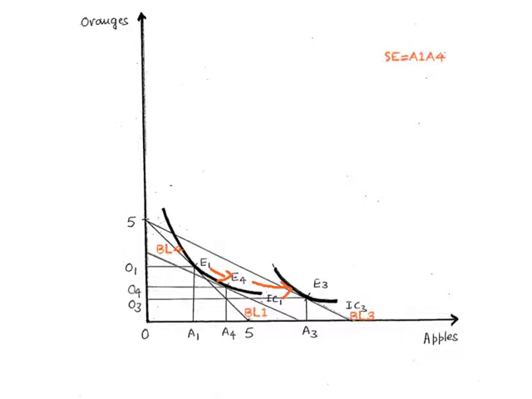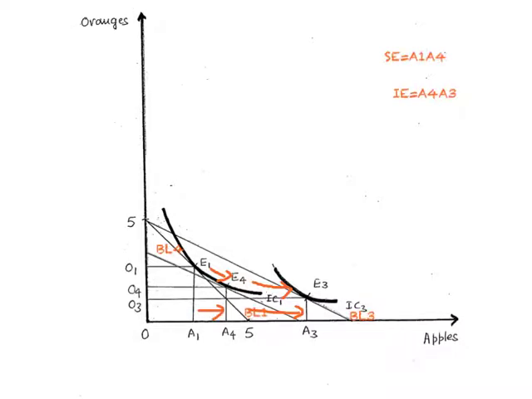And since apples happen to be a normal good, we know when real income increases, there will be an increase in consumption of apples. For substitution effect, we already know there will be an increase in consumption of apples.